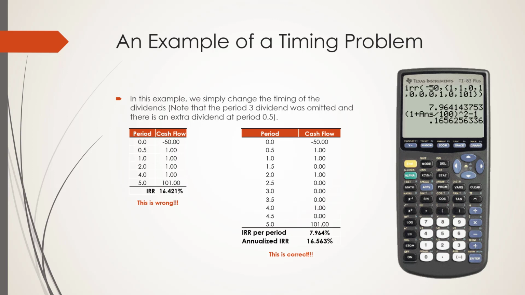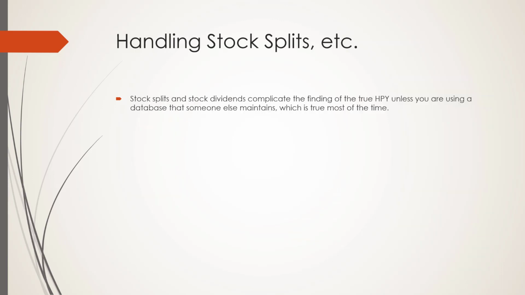Here it is on the calculator. You notice I've used the IRR function, but this time I have those zeros where there are no cash flows, and I get 7.964. And then to annualize that, I do 1 plus my answer divided by 100, squared, minus 1, and I get 16.562% or 16.563.